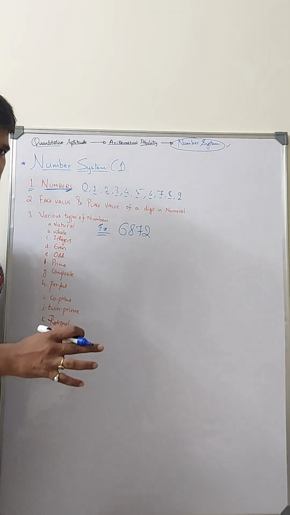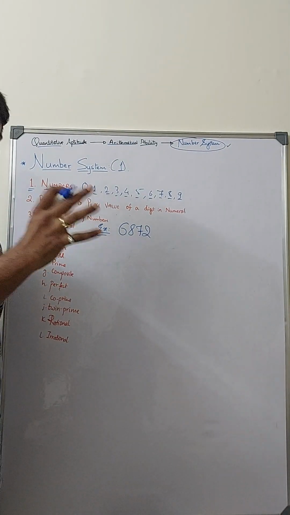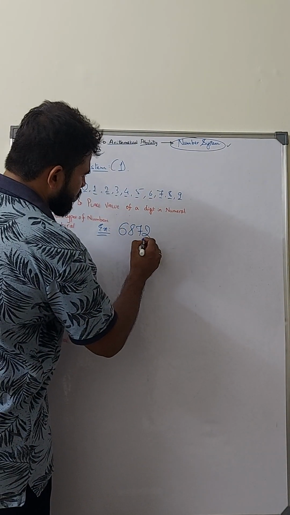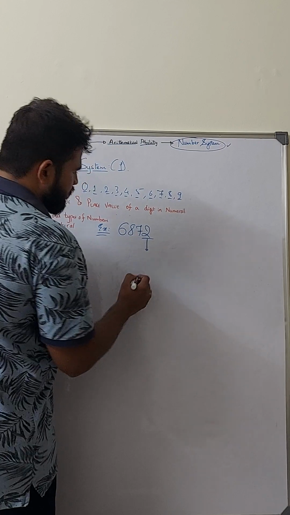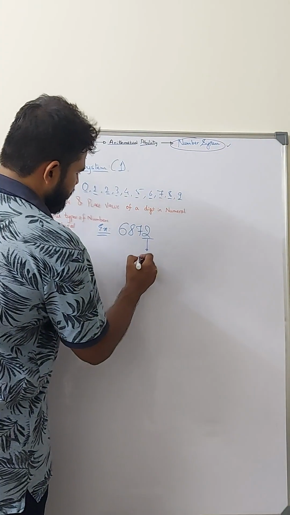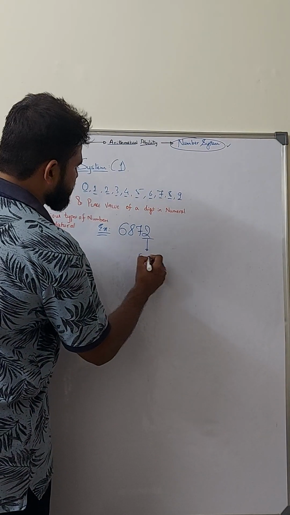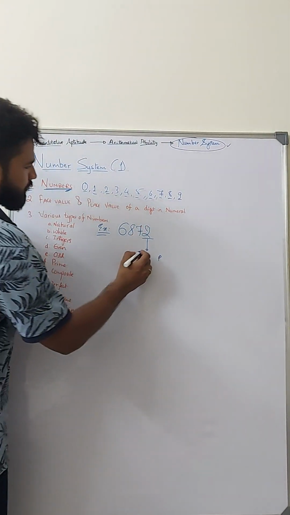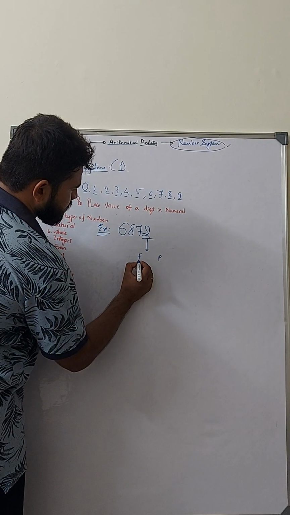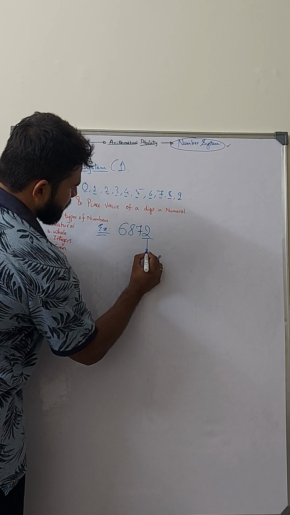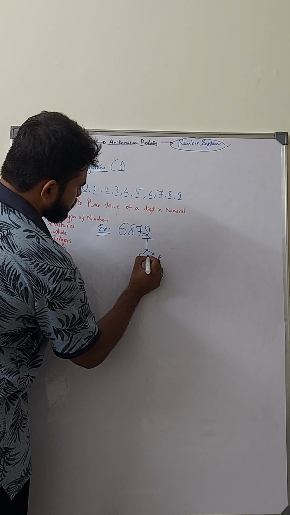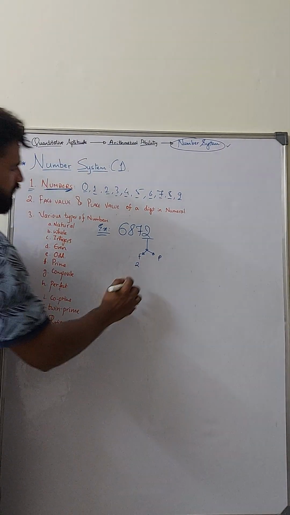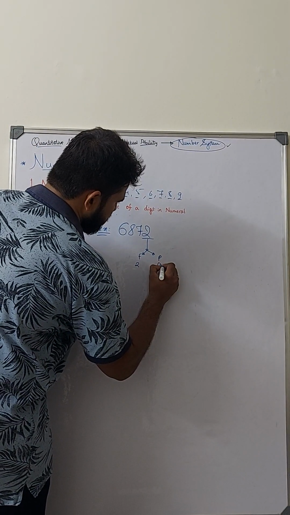So face value is nothing but the number itself. So over here 2. So 2 can be, I will write F for face value, P for place value. So face value of 2 will be nothing but 2, and place value of 2 will be what? It will be ones.